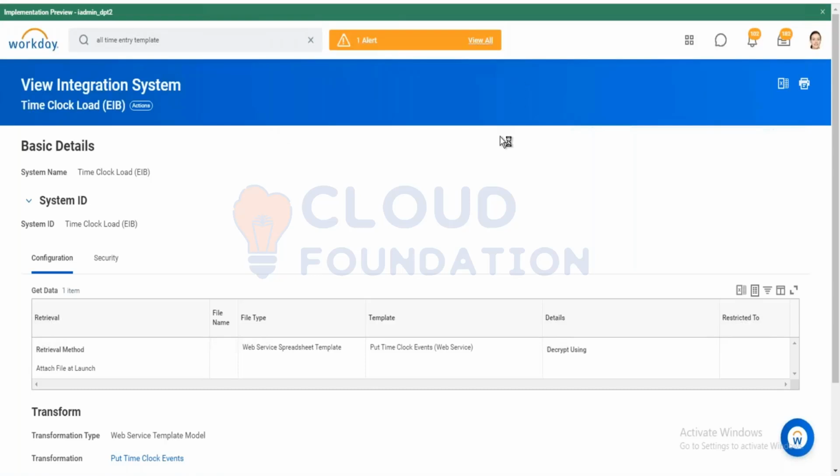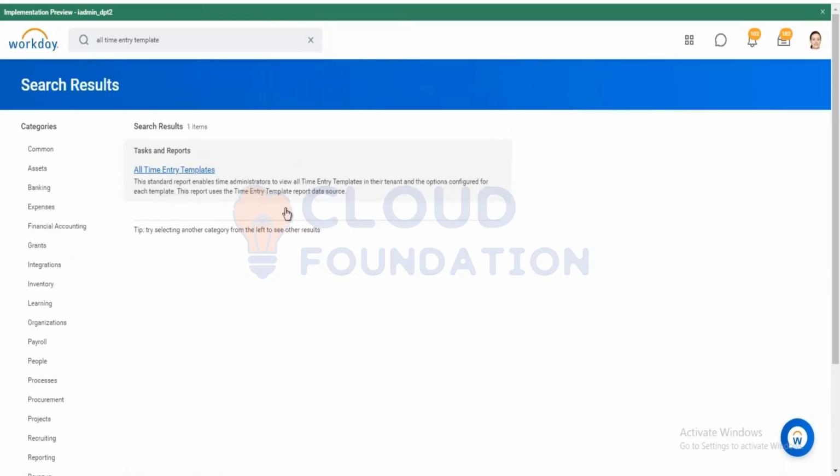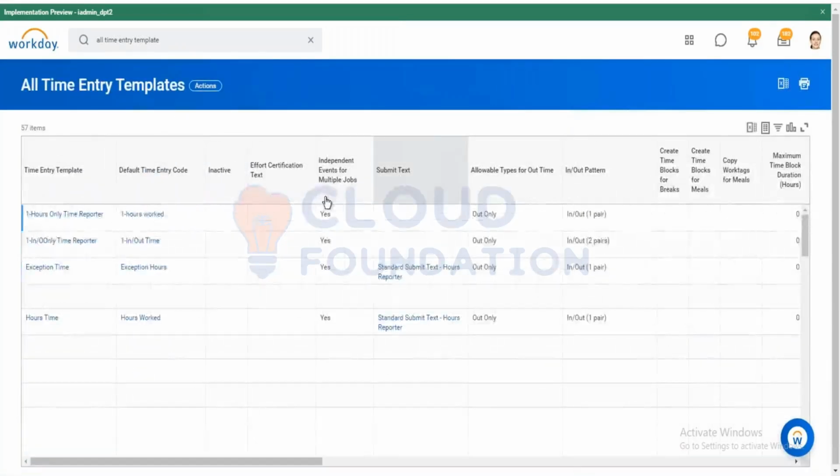Else, if you want to view one, there are the general tasks: view time entry template, create time entry template, edit time entry template. In a single report, if you want to see how many time entry templates there are, this is the task to identify all time entry templates.